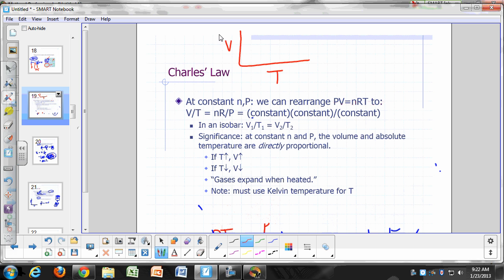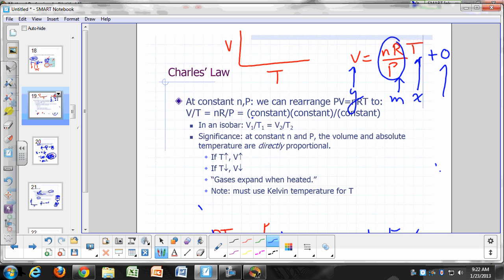Volume is nR T over P, right? So we say that volume is equal to a constant times temperature. So if we call this our Y, and that's our X, what is nR over P? That's your slope. And what's your Y-intercept? 0. So if you plot volume versus temperature, you get a plot that is a straight line.